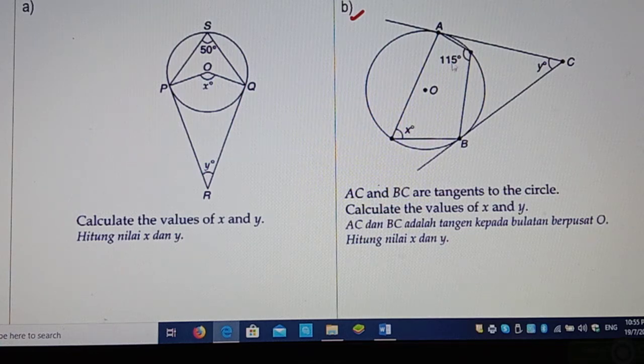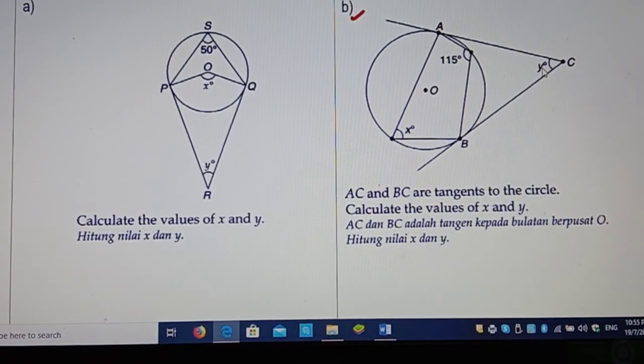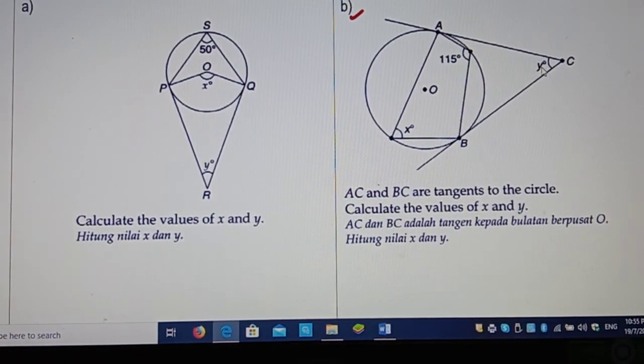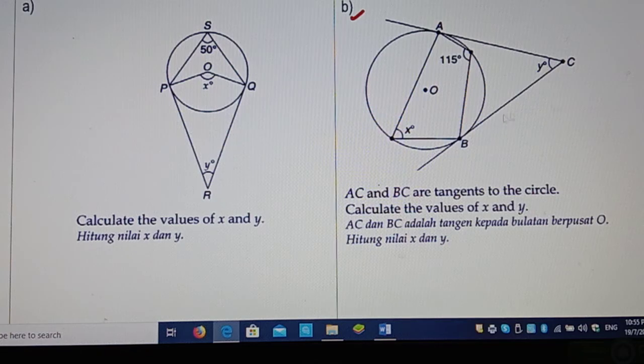X equals 180 minus 115, so you get X equals 65. Then you want to find what Y is. Find Y and then you can solve the problem.